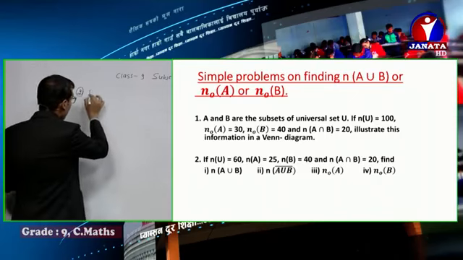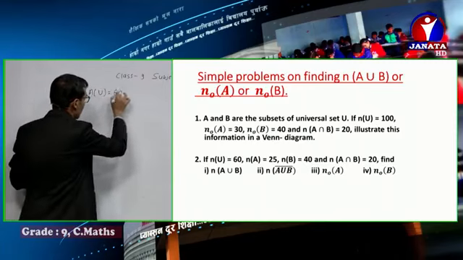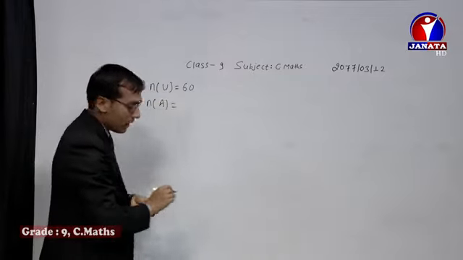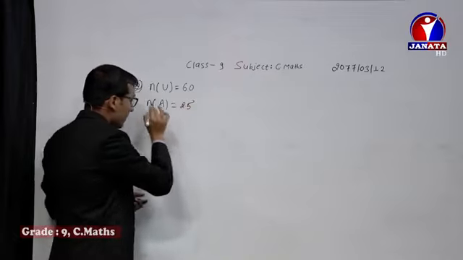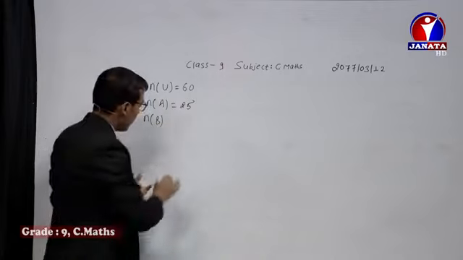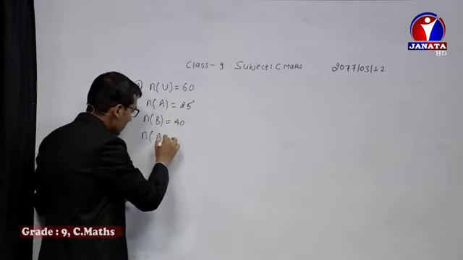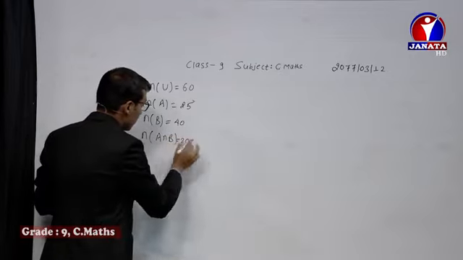What is n of U? n of U is given as 60. n of A is 25. n of B is 40, this question is almost similar to the first one. And what is n of A intersection B? n of A intersection B is 20.